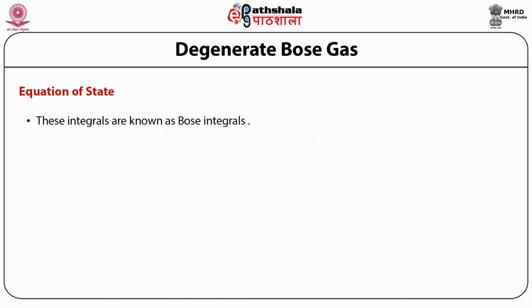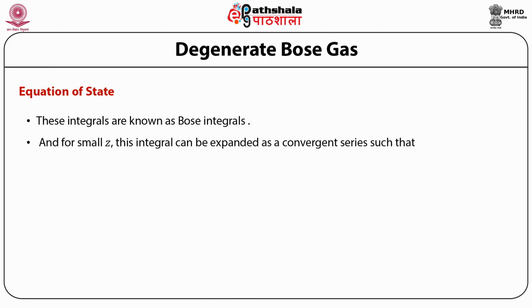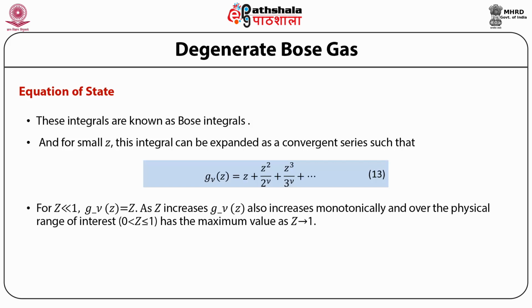These integrals are known as Bose integrals, and for small z, this integral can be expanded as a convergent series such that the Bose integral g of order nu is equal to z plus z square upon 2 raised to power nu plus z cube upon 3 raised to power nu plus so on. For z very much less than 1, the Bose integral of the order nu becomes equal to z.